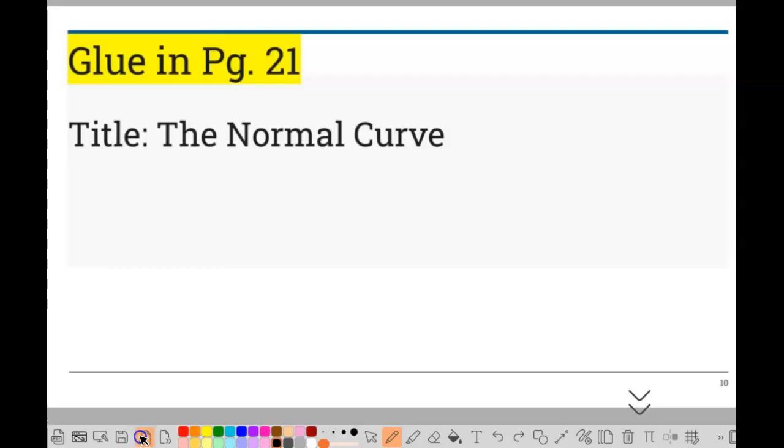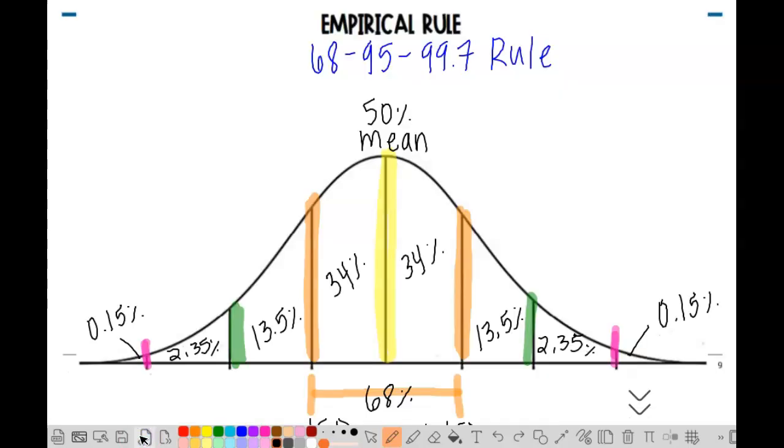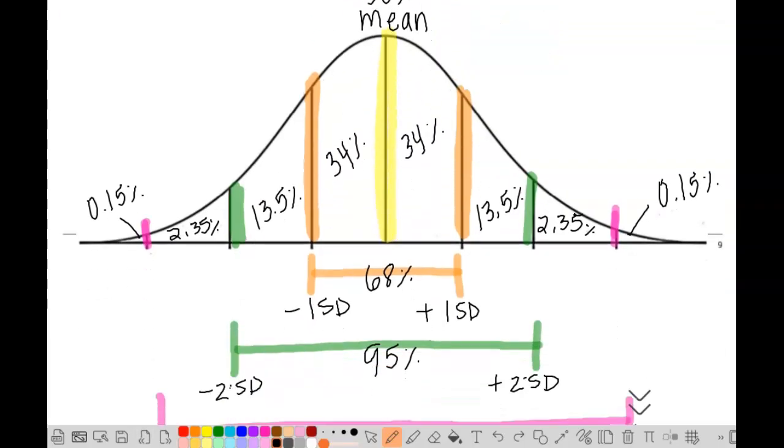What did we do here? We're looking at this part. How do we calculate that interval? Plus 1 deviation and minus. Plus and minus from what number? Mean. So go back to the paper.